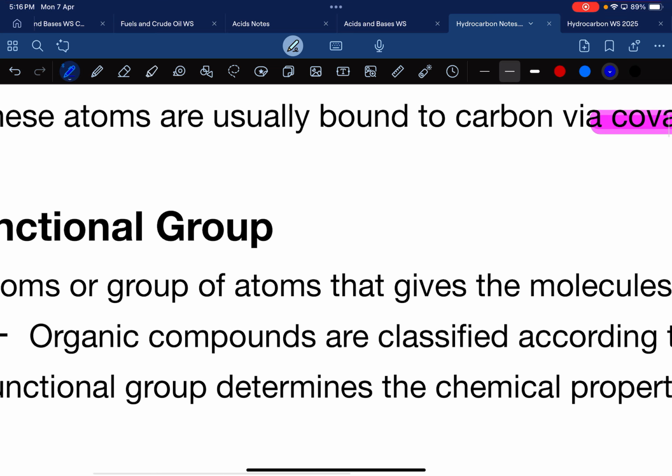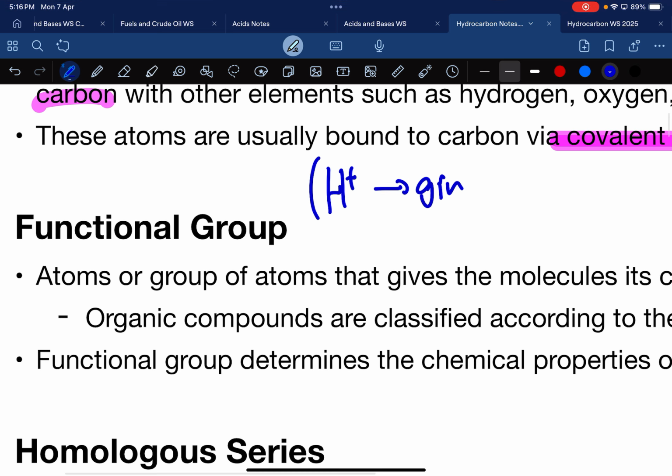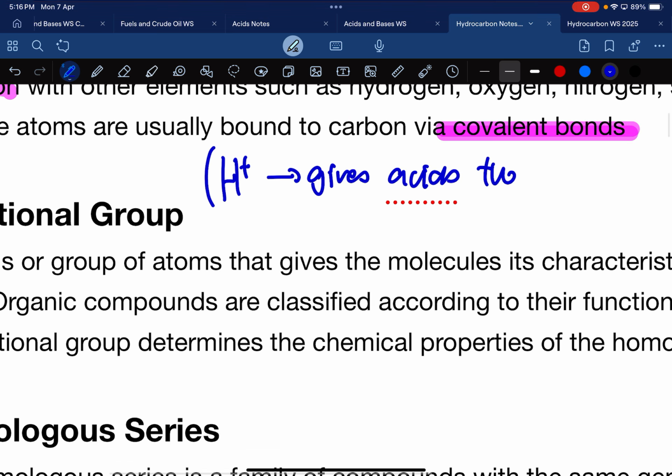Let me give you an example: your H+ is what gives acids their properties. In other words, H+ is the characteristic that gives the chemical reactions that compound can undergo.